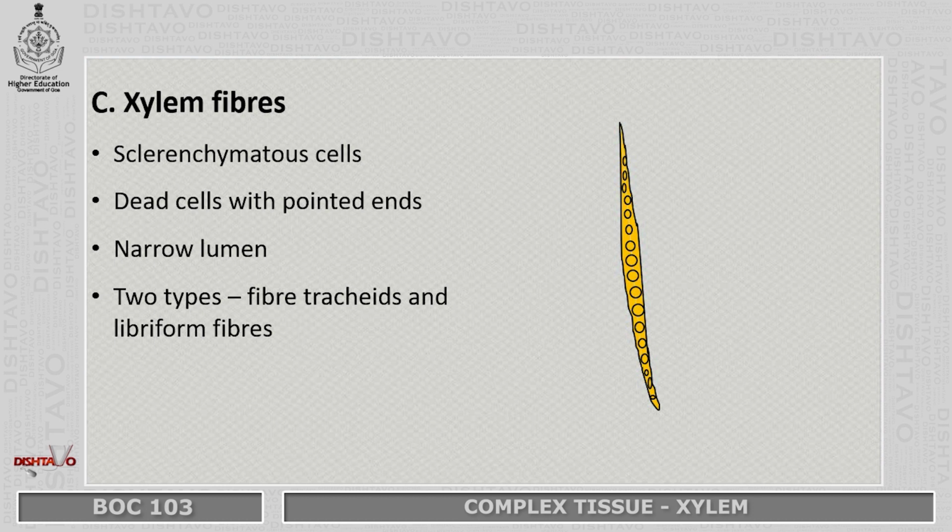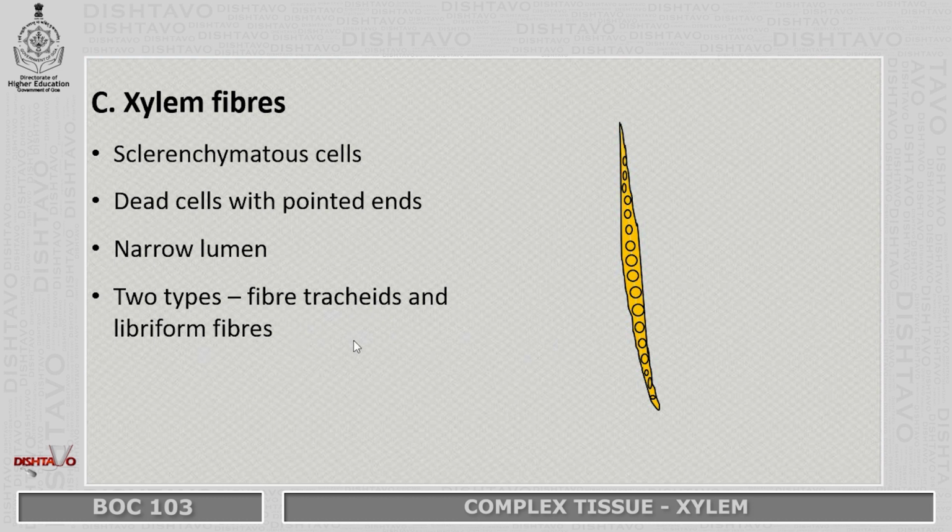The third element of xylem is the xylem fiber, wherein the cells are sclerenchymatous in nature. They are dead cells with pointed ends. The lumen turns narrow due to the deposition of lignin along the side walls. There are two different types of fibers: fiber tracheids and libriform fibers, based on difference in their cell wall thickenings.